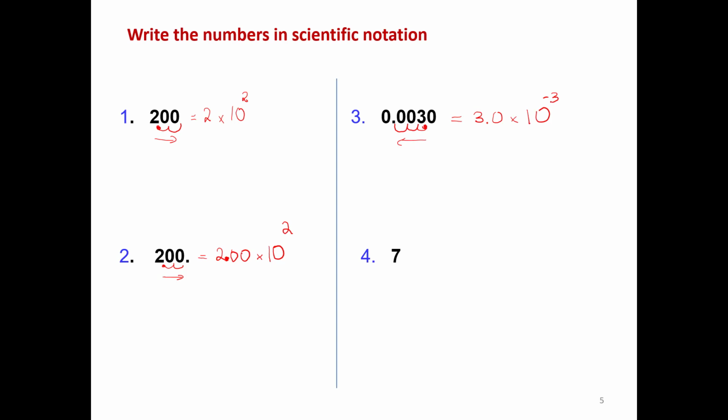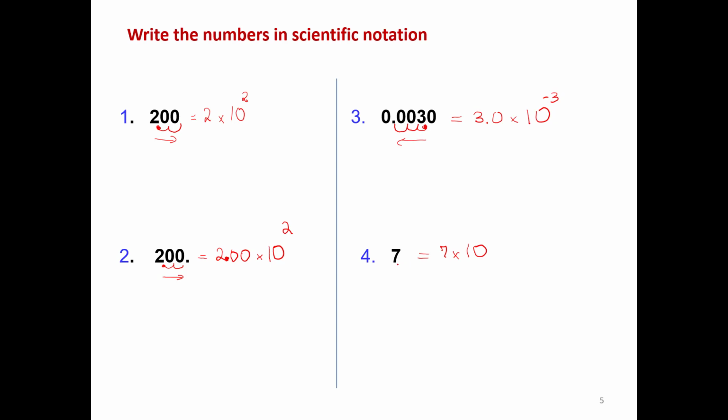The last one, we need to write 7 in scientific notation. The definition is any number in scientific notation must be equal to a number between 1 and 10 multiplied by any power of 10. Then 7 is between 1 and 10. Now we need to multiply by power of 10.